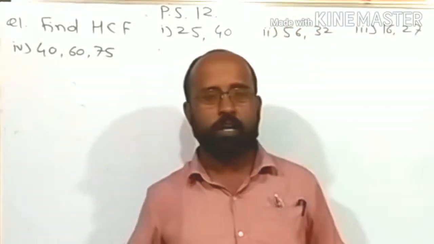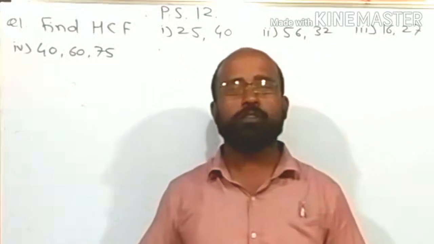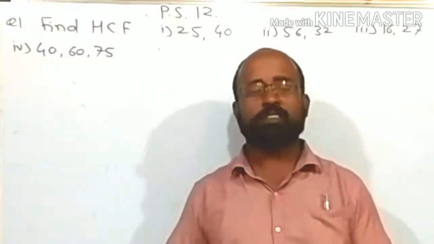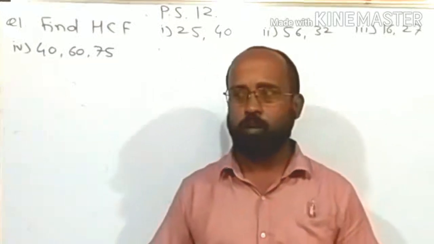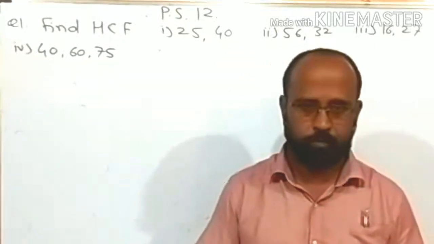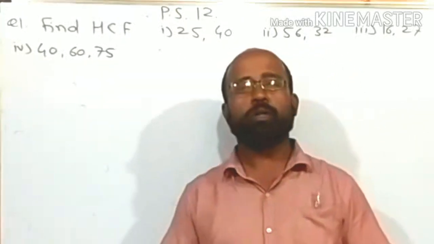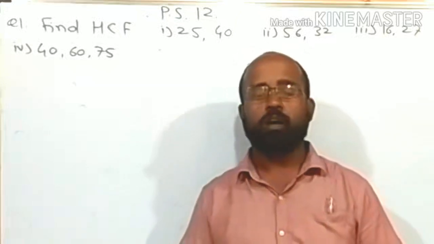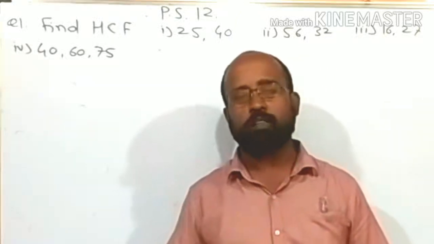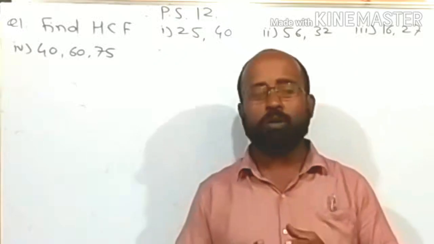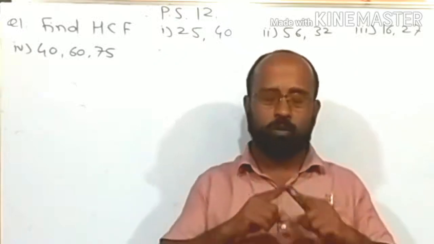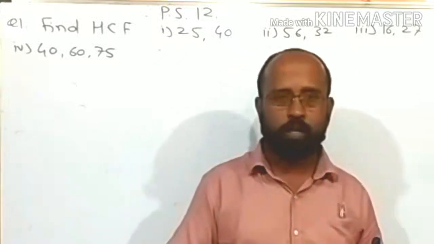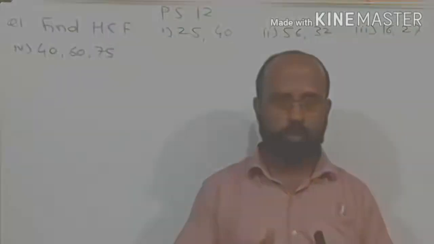Welcome to mathematics. Friends, we are continuing with lesson number 3, HCF and LCM of standard 7 of Maharashtra State Board. In one of the videos we learned how to do prime factorization of a number, how to find HCF as well as how to find LCM. That was an overview video in which all concepts were introduced or covered.